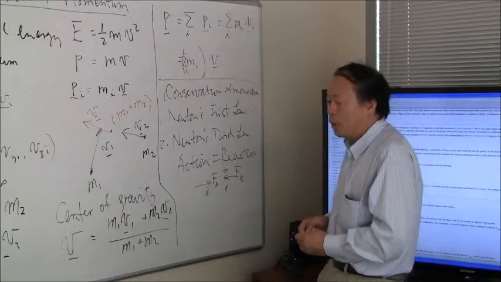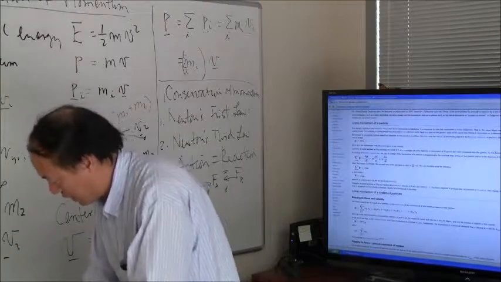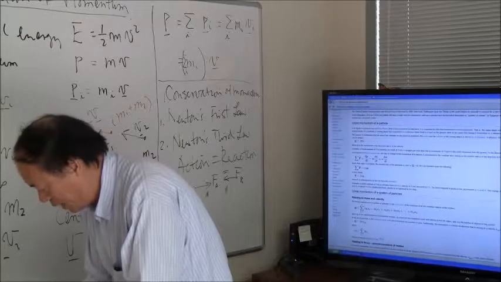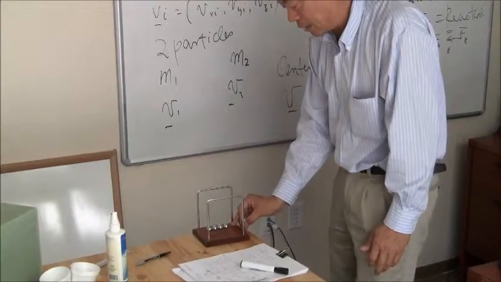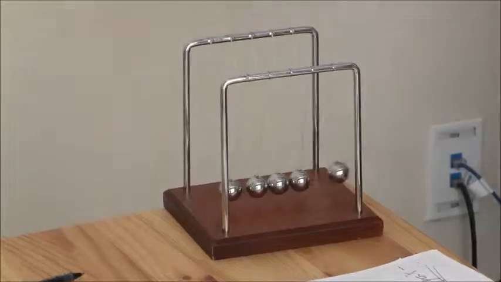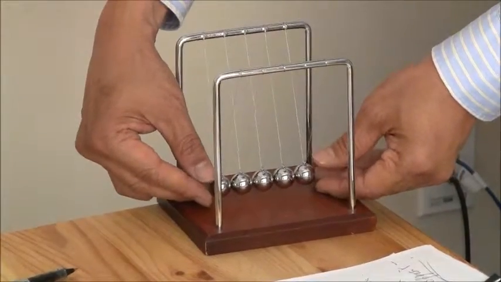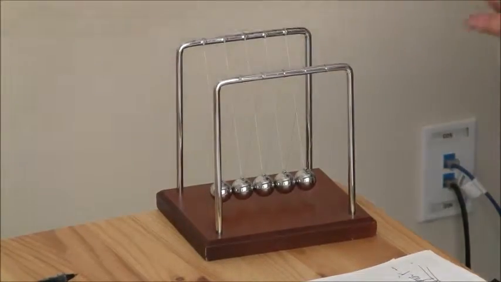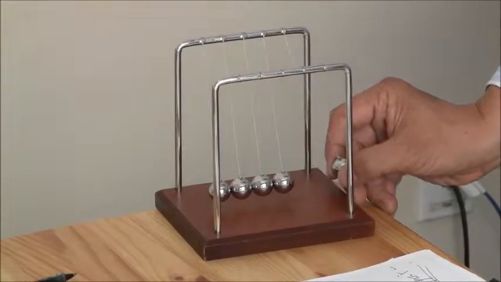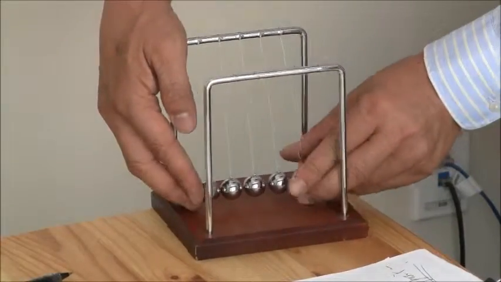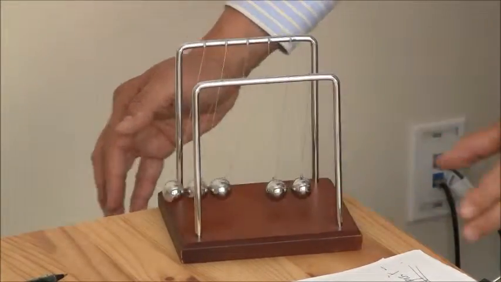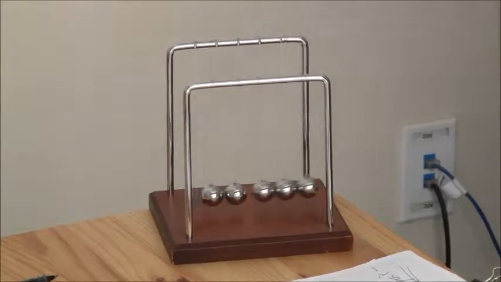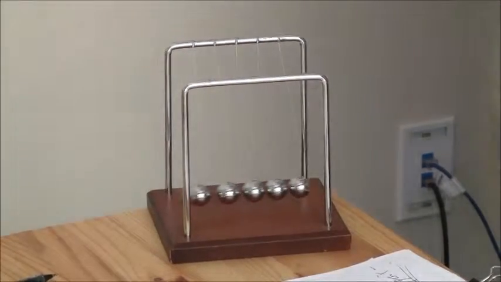We have an example here that everybody knows about. If I have one bead and I release it and make it collide, you see that one bead would bounce off because of the collision. Or if we have three beads hitting the other two, you will notice that three beads bounce off in the other direction.